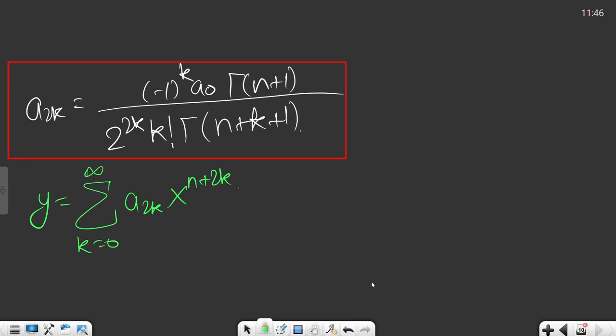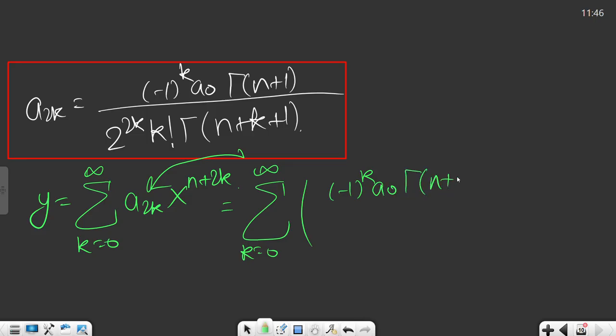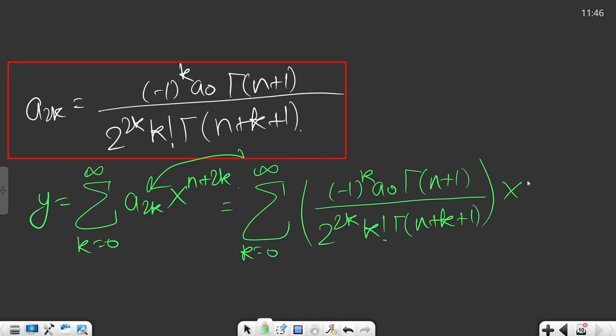So when you plug this here, you are going to have the infinite sum as k goes from 0 to infinity of negative 1 to the k a naught gamma of n plus 1 over 2 to the 2k times k factorial gamma of n plus k plus 1 and times x to the n plus 2k.